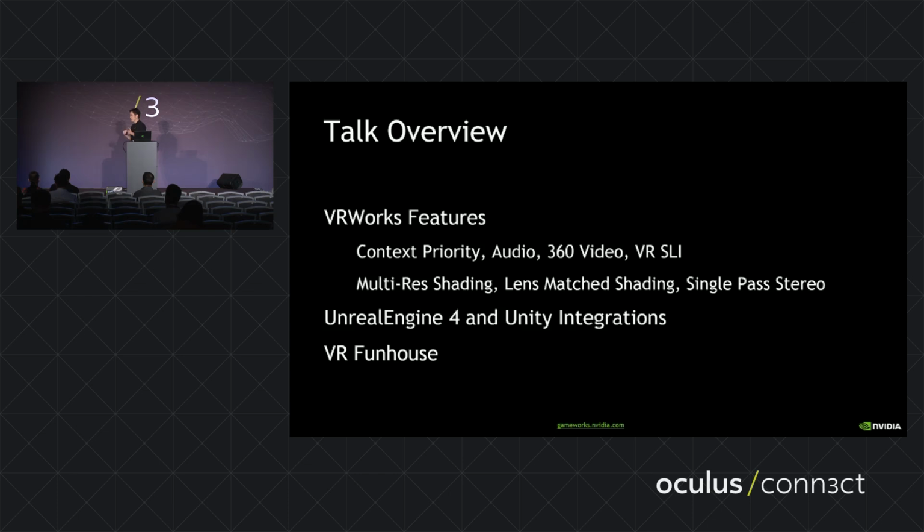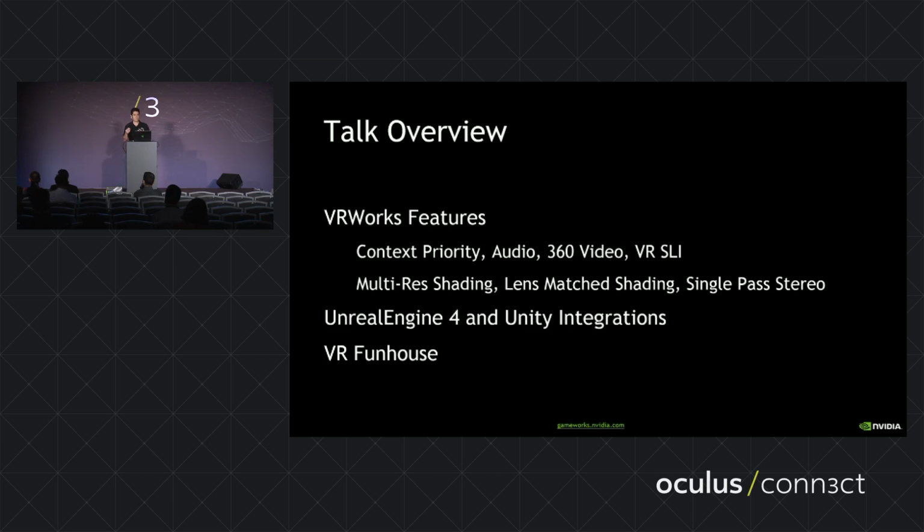And then I'll be going into a little bit about Unreal Engine 4 and Unity engine integrations that we've done, what the status is, how they work, both to give you some background on what features are available and when they're coming in those engines if you use them, and also to talk a little bit about what it takes to actually integrate some of the VRWorks features into a major engine.